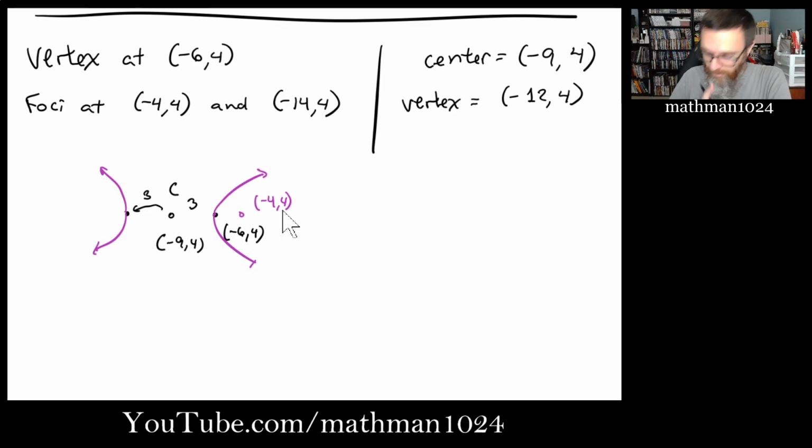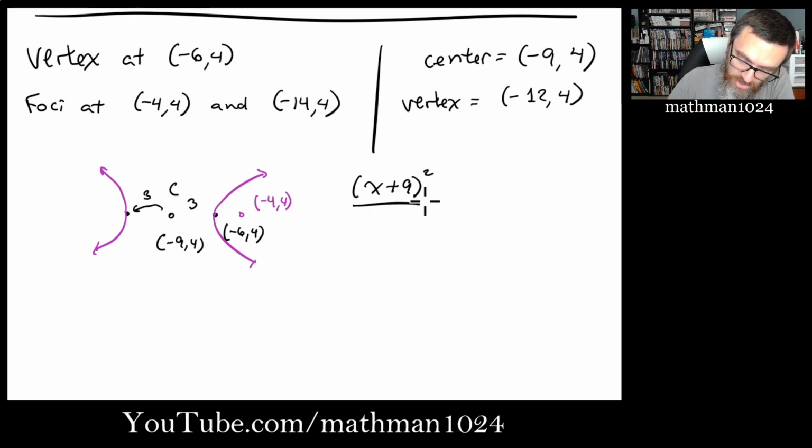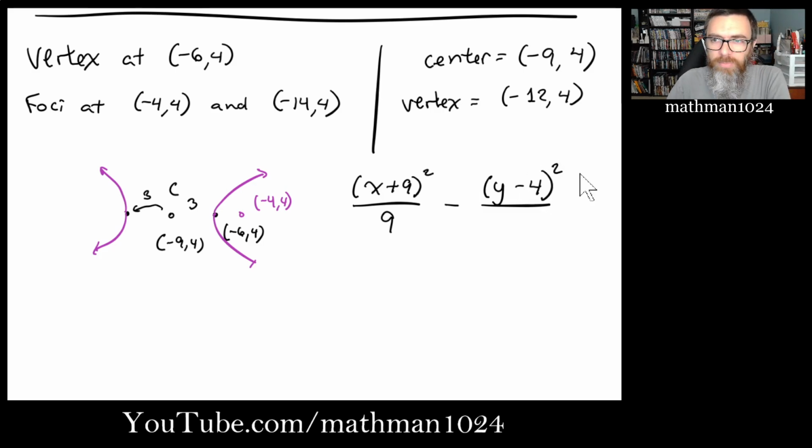Okay, so as I build this, we have x plus 9 squared over, the change here was 3, so it's going to be over 9, minus, then we have y minus 4 quantity squared.